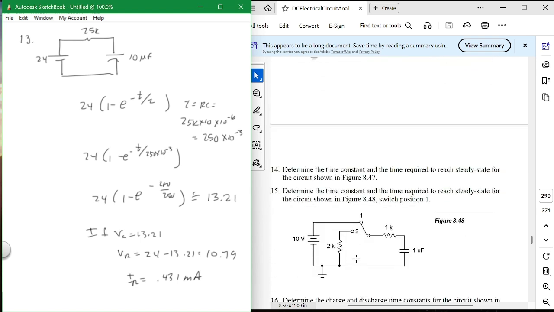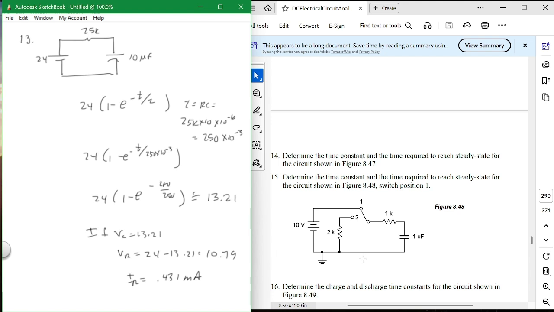Any questions? What about this one? This is both. What do you do when you flip it to position 1? You have a charging circuit, don't you? What is the R? 1K. What is the C? 1 microfarad. What is the voltage? 10 volts.